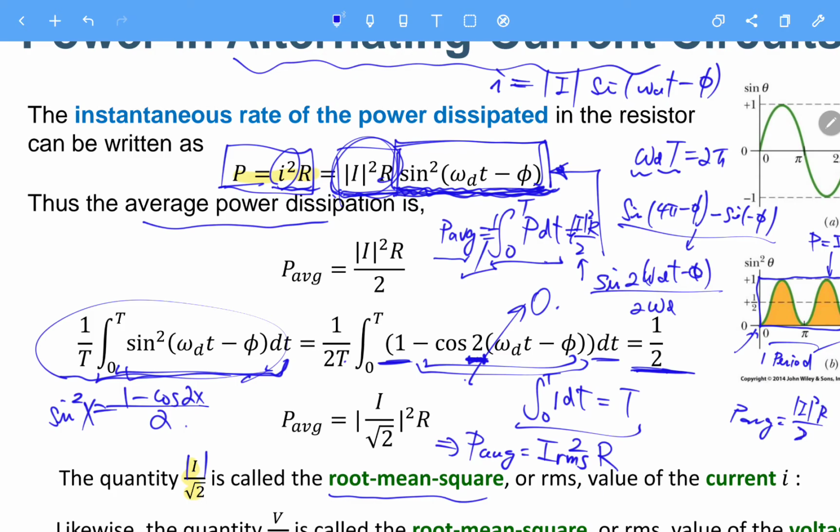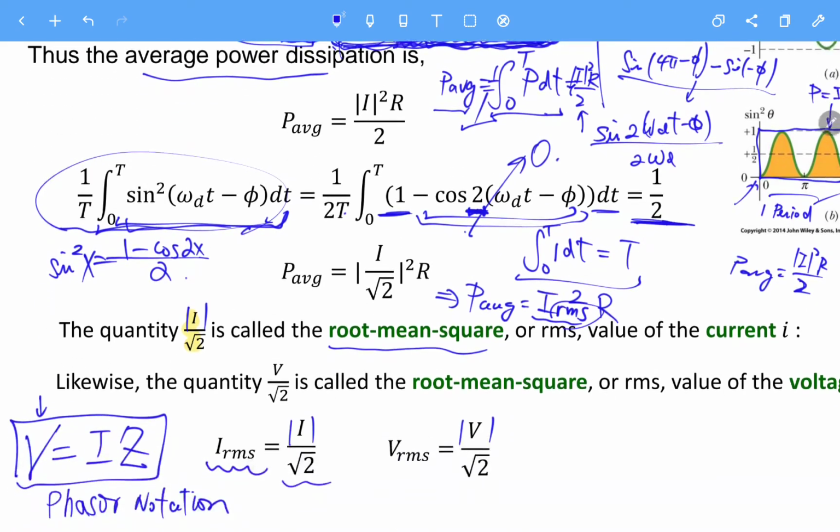Then it may be quite confusing, because sometimes we need this factor and sometimes we don't. So for AC, we just use I RMS, which means the root mean square value of the current, and then take the square and multiply by R. So it turns out to be I square R, although it has a subscript there.